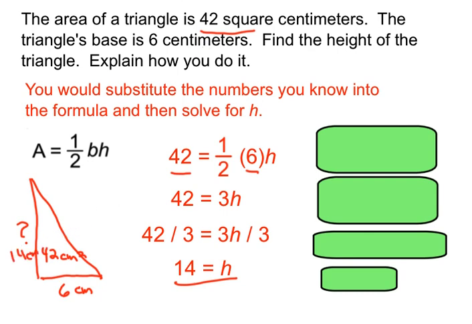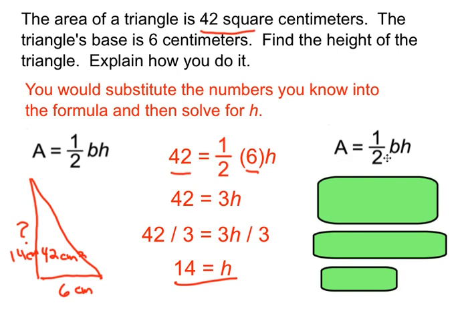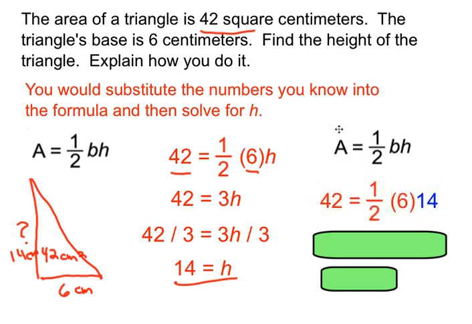Now, what I always like to tell kids is once you have found the value of the unknown, go back and check it. All right, so take your formula and plug in the values. So what we've discovered is our height should be 14, and so we're going to put it into our formula. 1/2 of 6 is 3.